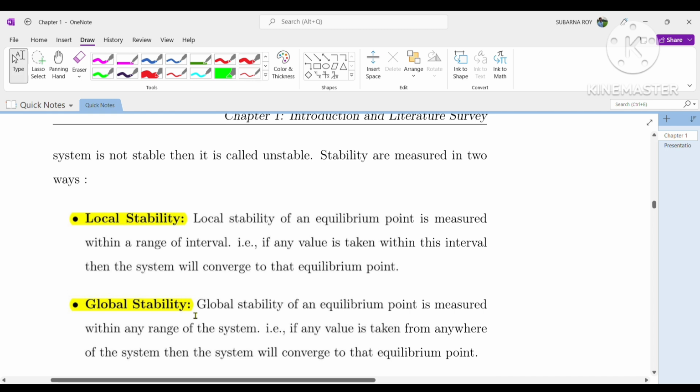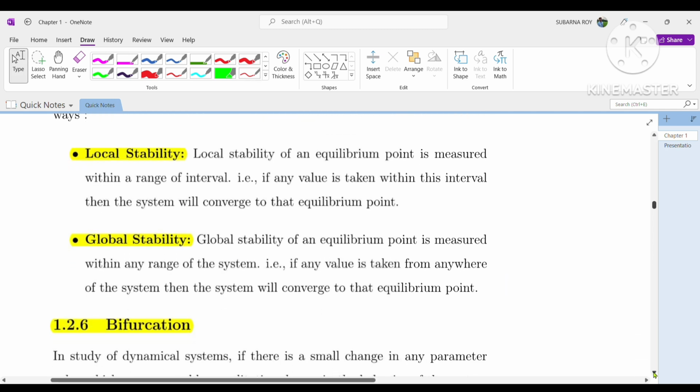Stability is measured in two ways: local stability and global stability. Local stability of an equilibrium point is measured within a range of interval. That is, if any value is taken within this interval, then the system will converge to the equilibrium point.